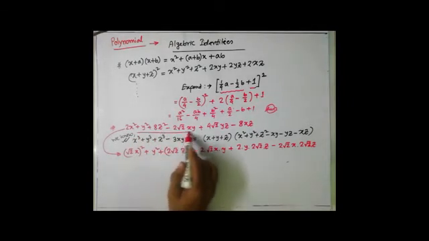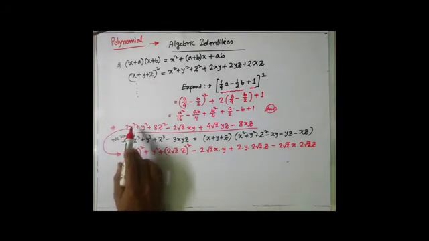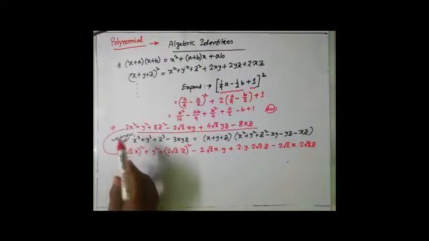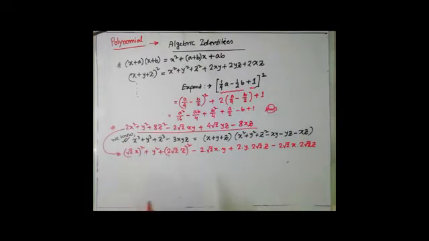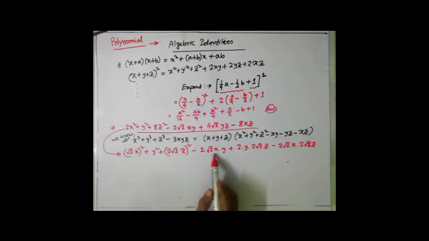From this particular expression I have just changed the format this way. You can see that 2x square can be written as root 2x whole square. That means root 2 square means 2. Y square keeping the same. 8 can be written like 2 root 2 whole square, isn't it? Then this part 2 root 2xy, see 2 root 2xy.